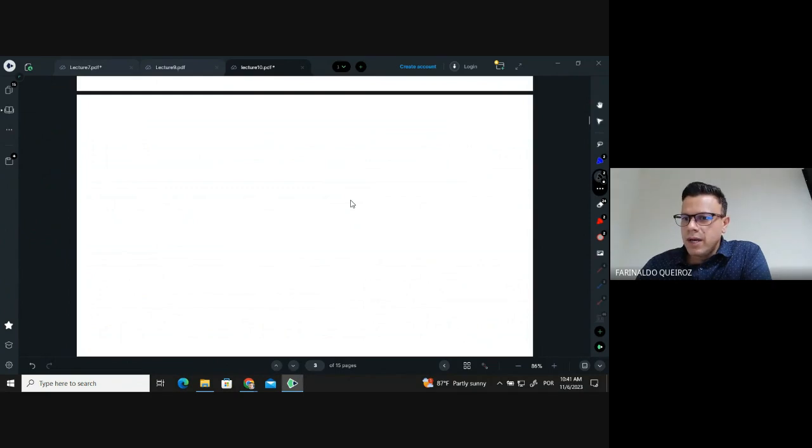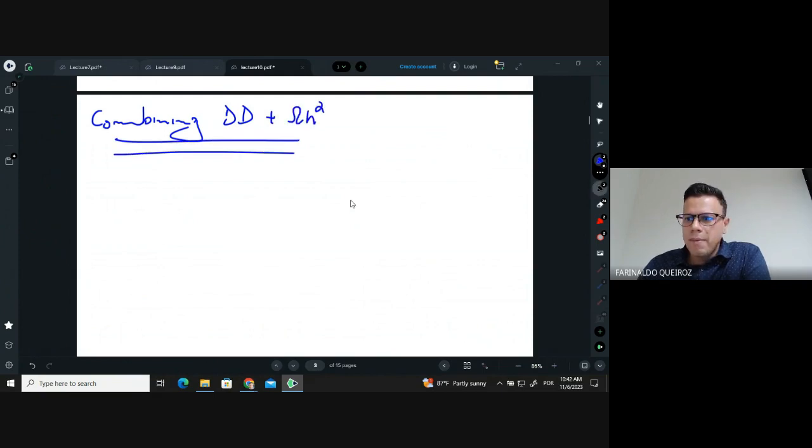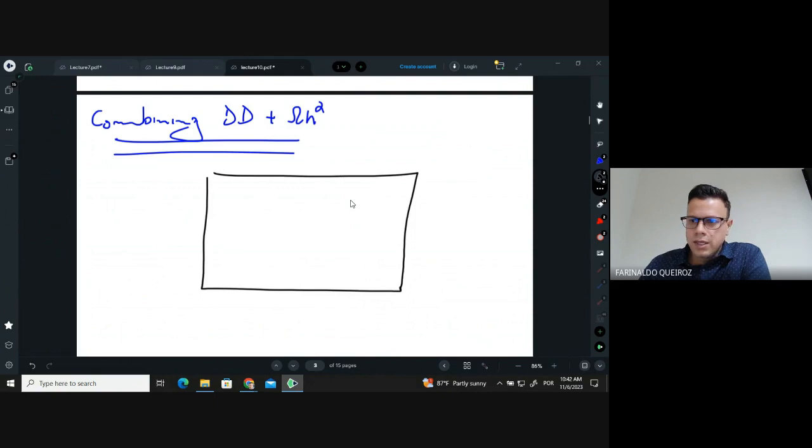Let me write down now here, combining direct detection plus relic density. So what happens is you have a plot. Let's say this is the mz mass and this is the coupling.